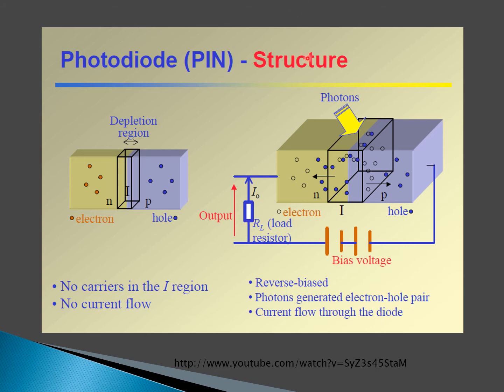When the incoming photon arrives at the depletion region, the photons will generate an electron hole pair in the intrinsic region. Our depletion region will become wider.